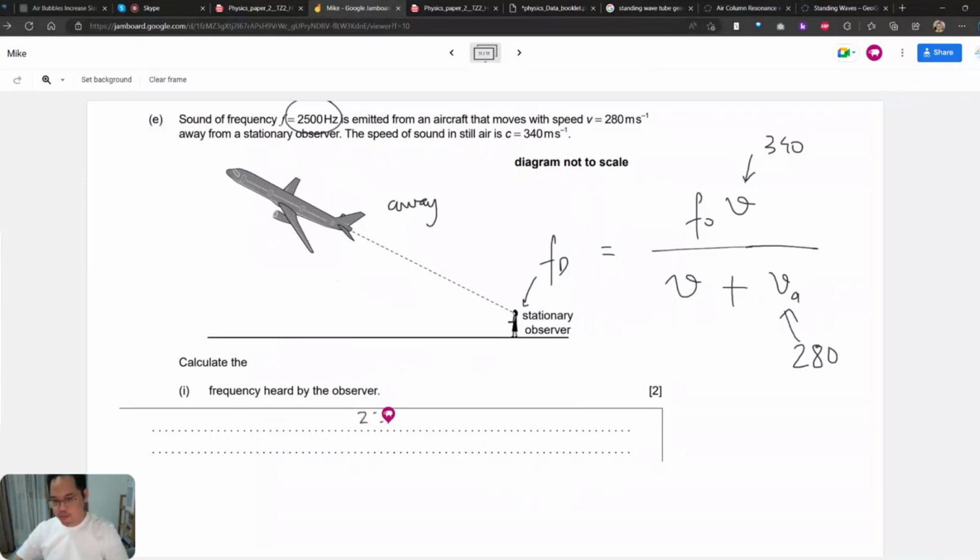Okay, it's right there. Initial frequency multiplied by 340, divided by that sum. 1,371.